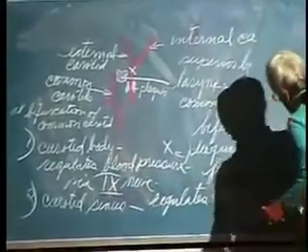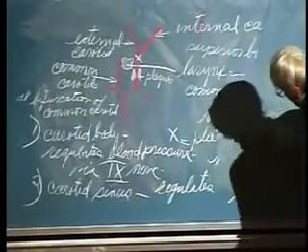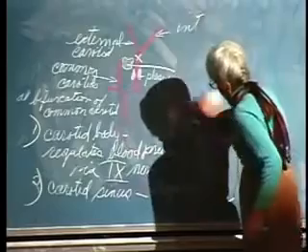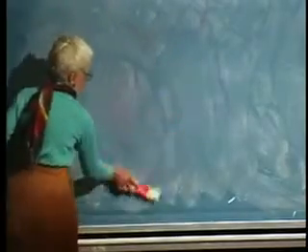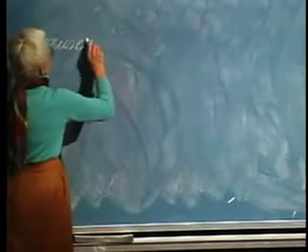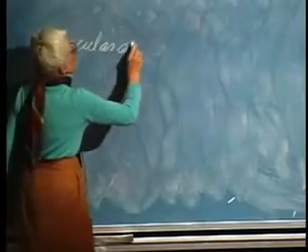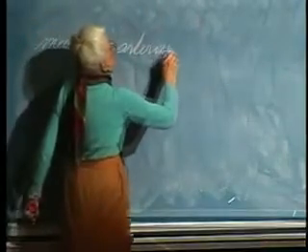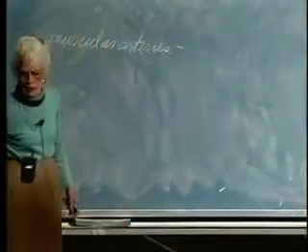Let's look at our muscular arteries then, because obviously the majority of your arteries are muscular arteries. I've only given you 8 elastic arteries. So we have muscular arteries. Have you ever thought about your arteries before?